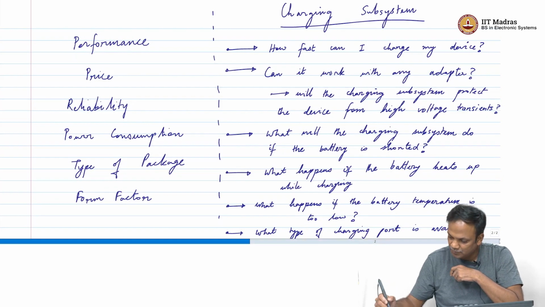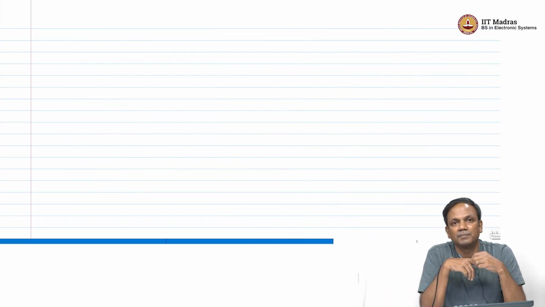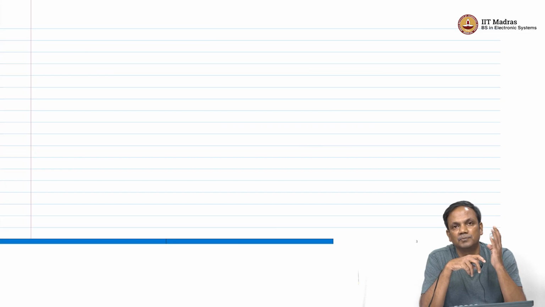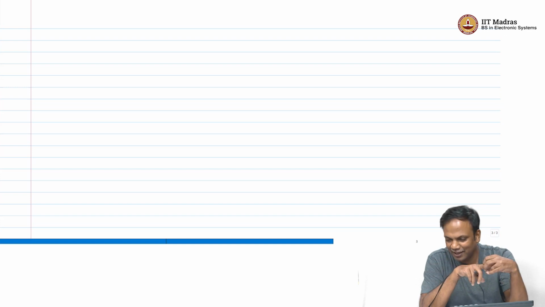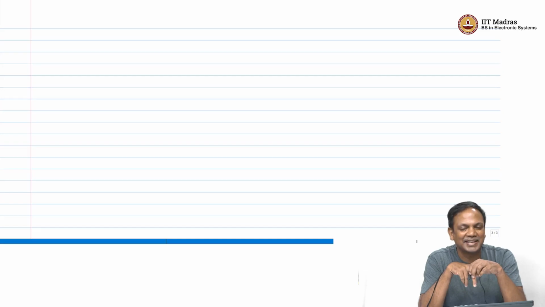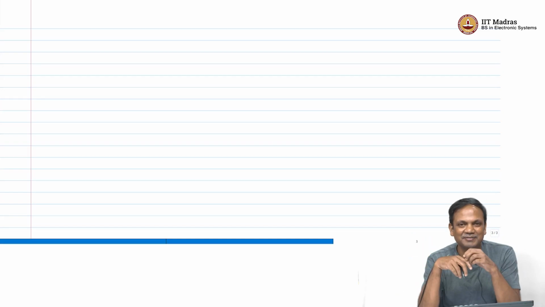Now, when we talked about charging subsystems, I think through the course of these modules we haven't drawn even one amplifier yet. So, I promise you we will get there, and we are going to get there very soon.